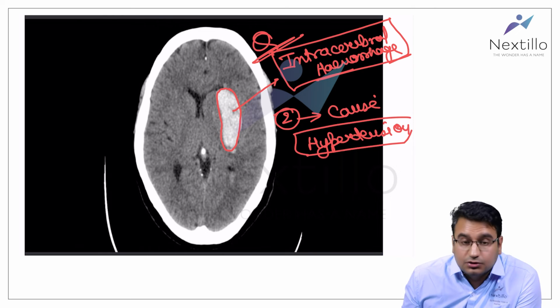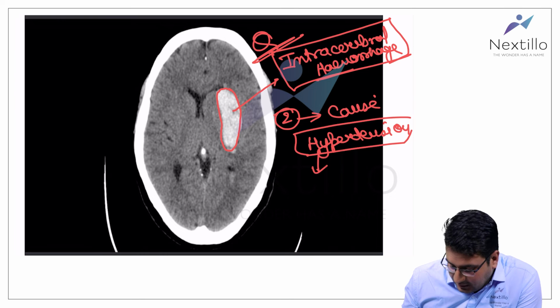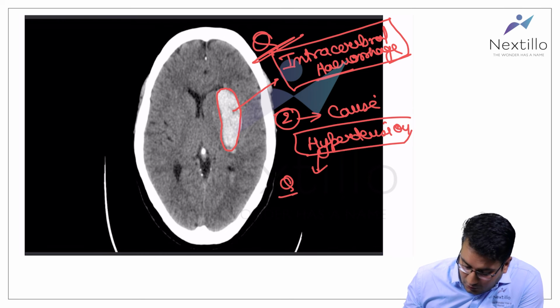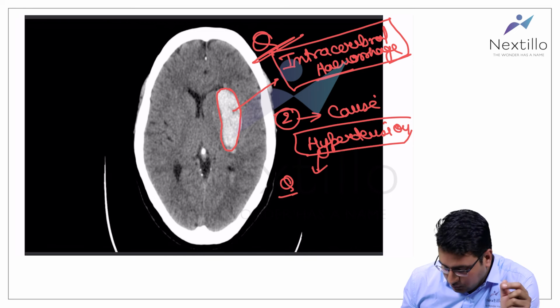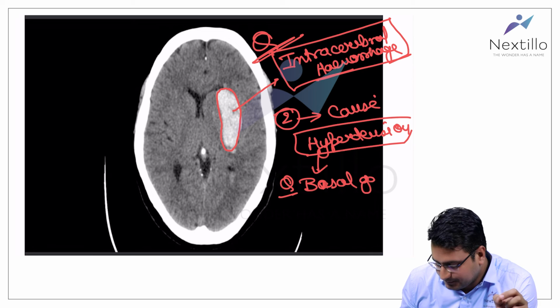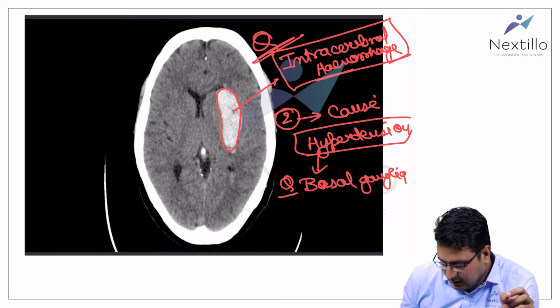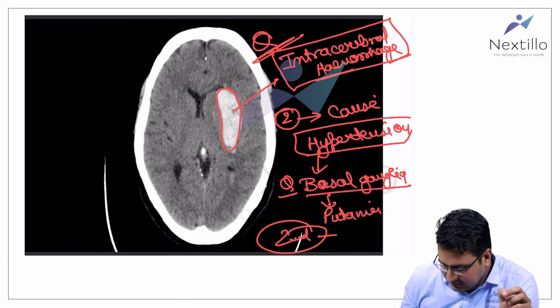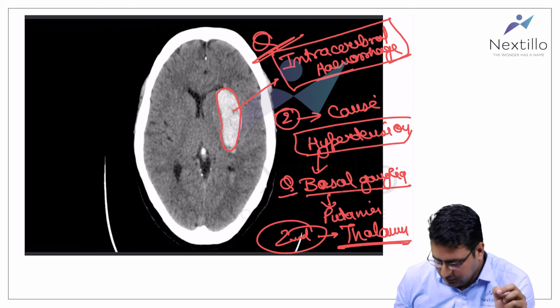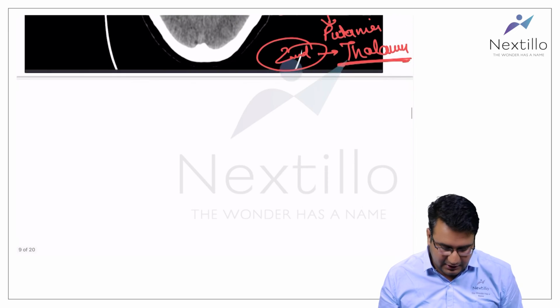Hypertension is one of the most common causes. Now the main important question is, what is the most common site of hypertensive bleeding? The most common site is basal ganglia. Within basal ganglia, putamen is the most common. And the second most common site is thalamus. Okay, so these are two types of questions which could be asked.